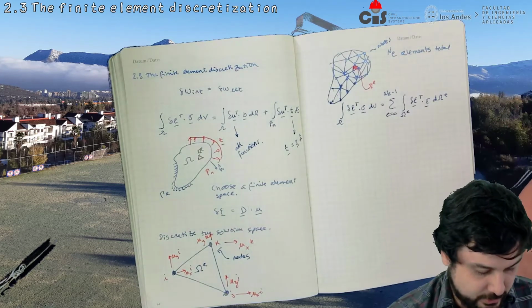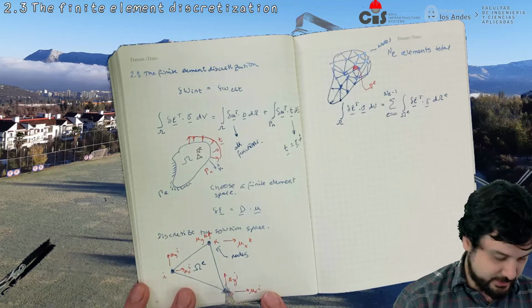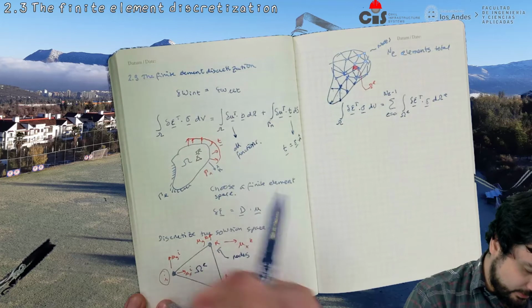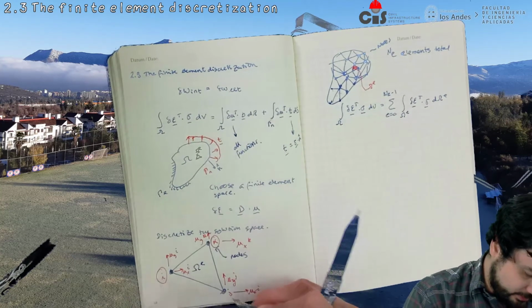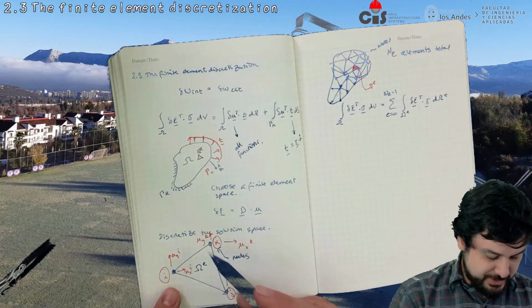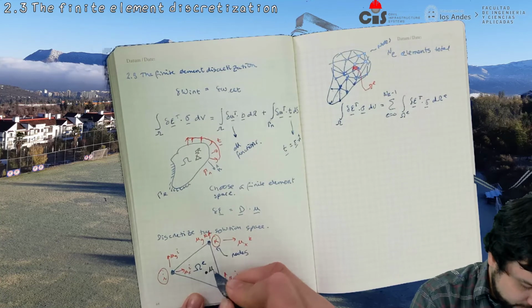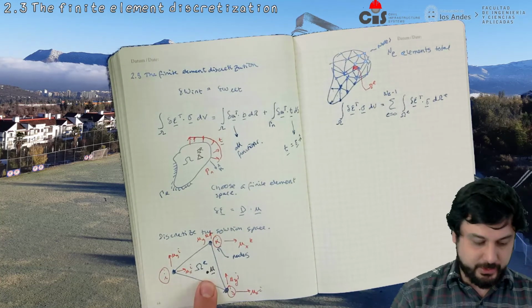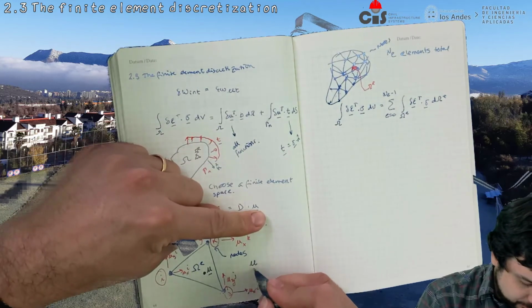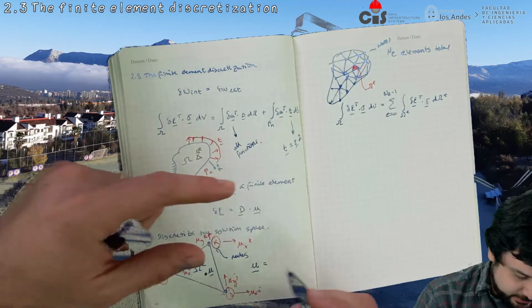Okay, so here for each element, this element connects nodes i, j, and k. So node i, node k, node j, right? And we only know displacements there. So if we want to know displacement inside at that point, you have to make an assumption. So we will say that u at any other point is going to be interpolated.